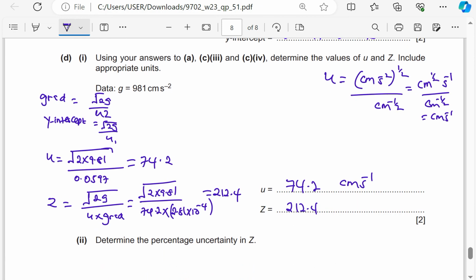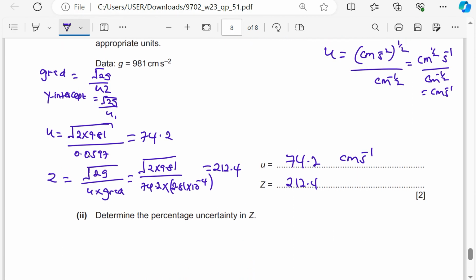Then for z, since I know the units for u as centimeters per second, for z I have centimeters per second squared, that is g, and as power a half, divided by centimeters per second.